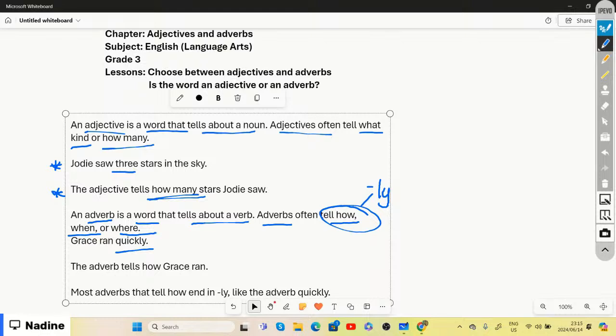All right. So far that is the difference between an adjective and an adverb, right? And remember we said we had to choose between an adjective and an adverb. So that is going to be our first lesson under the chapter of adjective and adverb.